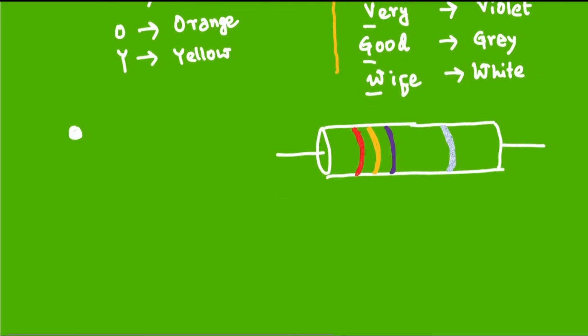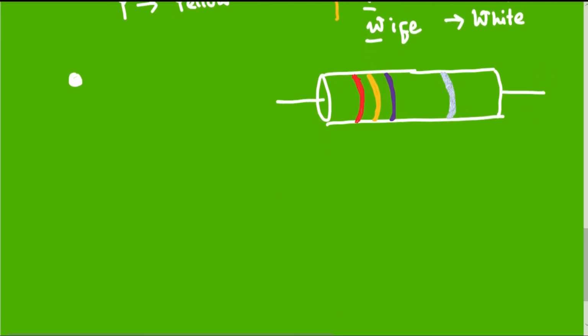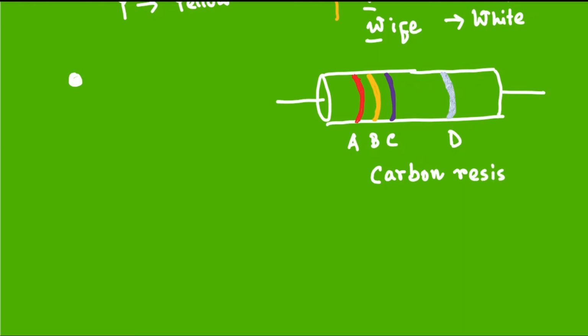The fourth color strip will be well separated from the first three color strips, which are very close to each other. These are the A, B, C and D color strips, of color red, yellow, blue and silver respectively.